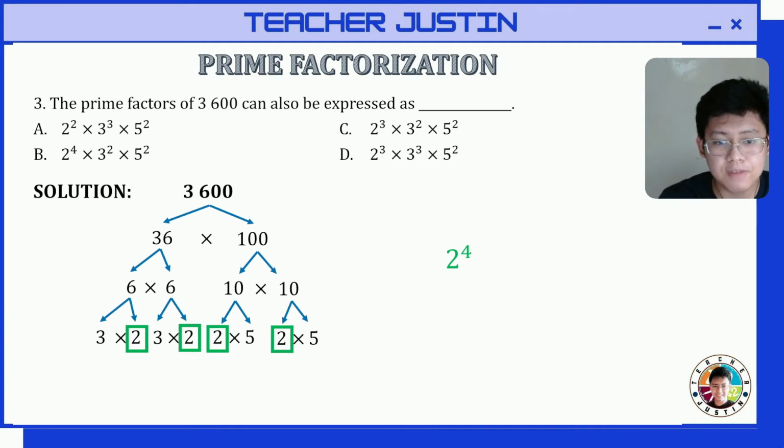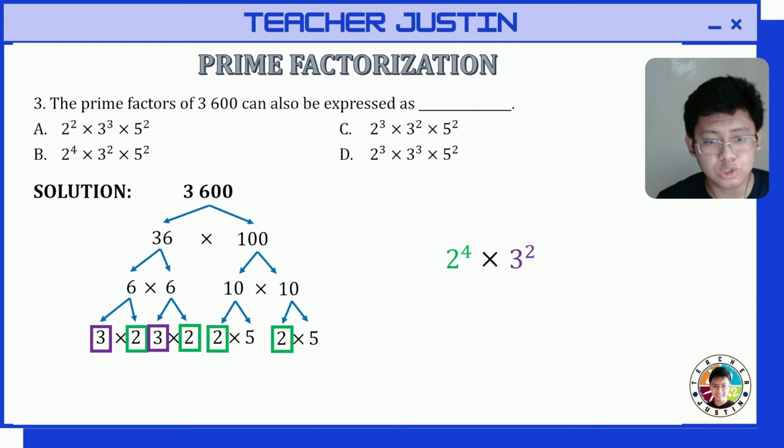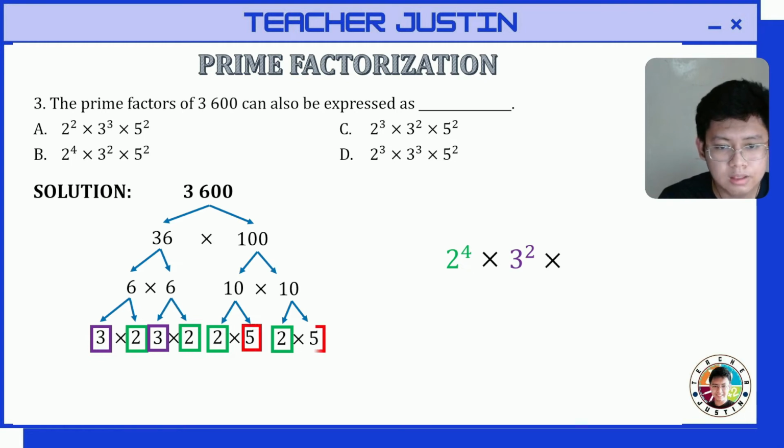Now, let's identify the number of 3's that we have for this factor. So, meron tayong 1, 2. So, dalawa lang yung 3's natin. So, we can express that as 3 squared or 3 raised to 2. Okay? Tapos, yung 5 naman, kung ilan, meron tayong 1, 2.